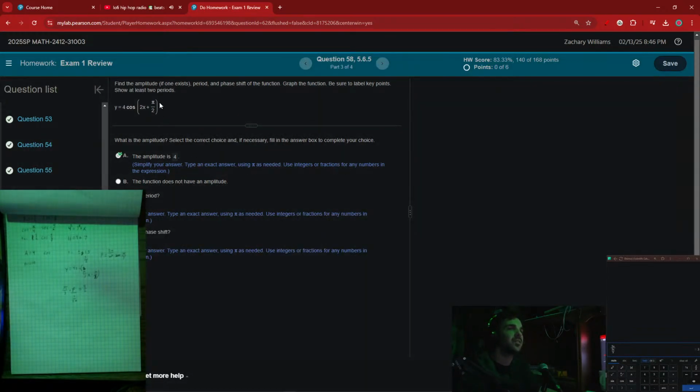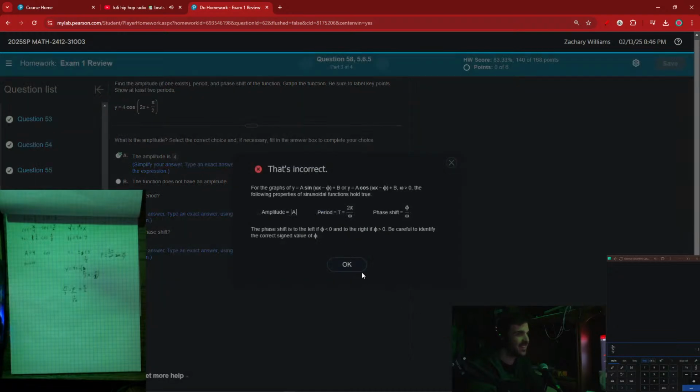Phase shift. Pi over 2 over 2 over 1, which is pi. Negative pi, because it's getting faster. Oh!